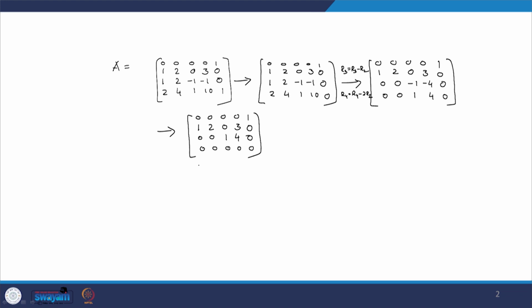Now this is a row-reduced matrix, because it satisfies both criteria of the definition of the row-reduced form, say R. Let K_i denote the column number of the i-th row at which the leading entry appears.